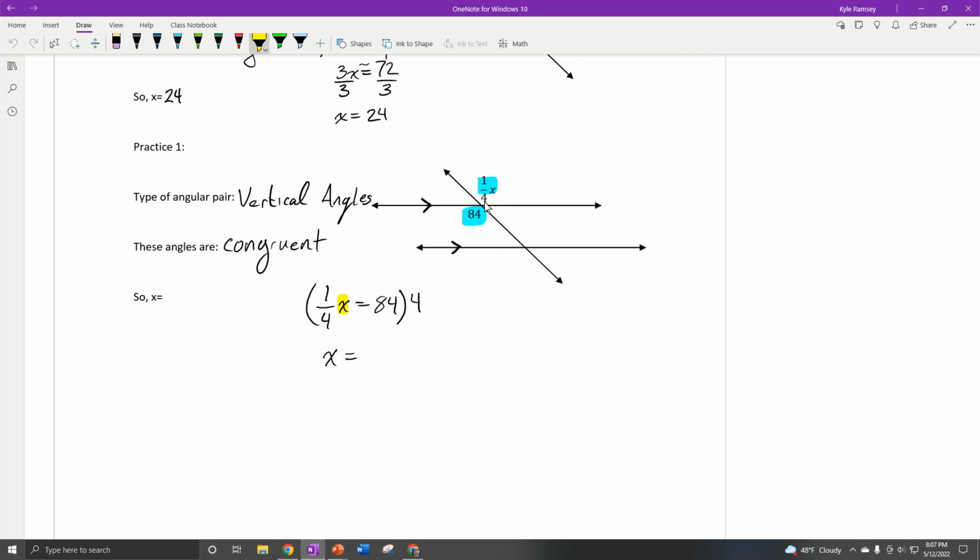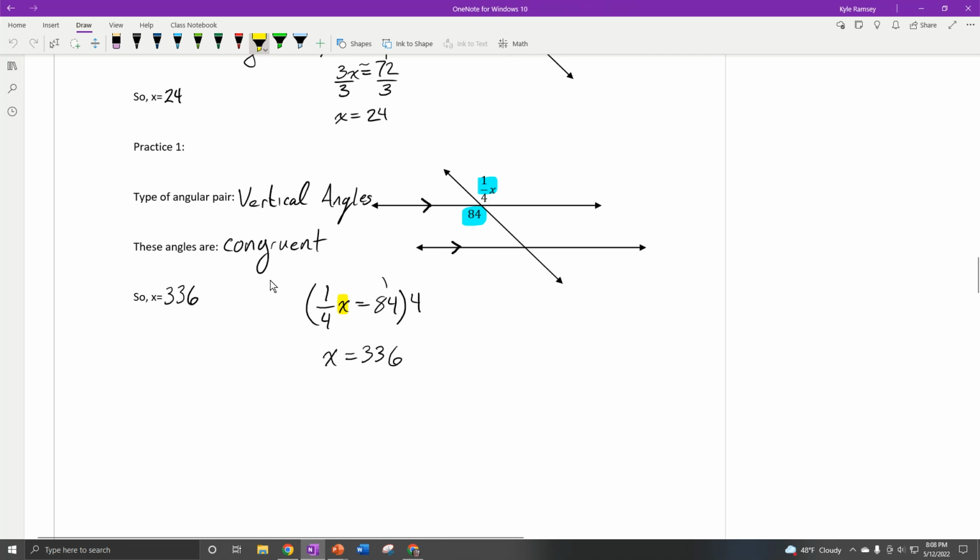So 4 times 4 is 16. 4 times 8, well, 8 times 2, what's that? 16. 16 times 2 is 32. So we add that 1 and get 33. So we have 3, 3, 6 as our x term.